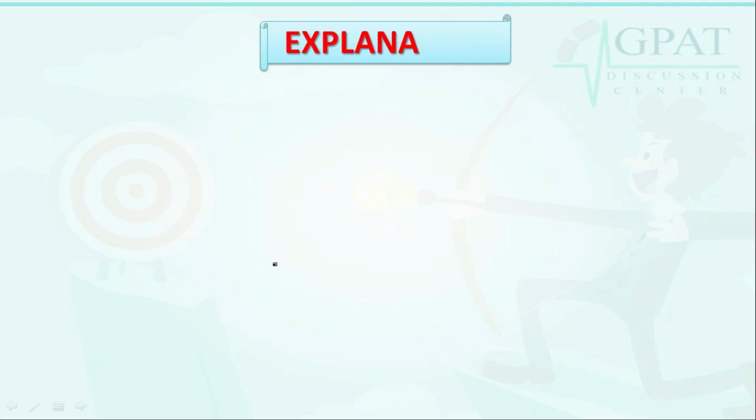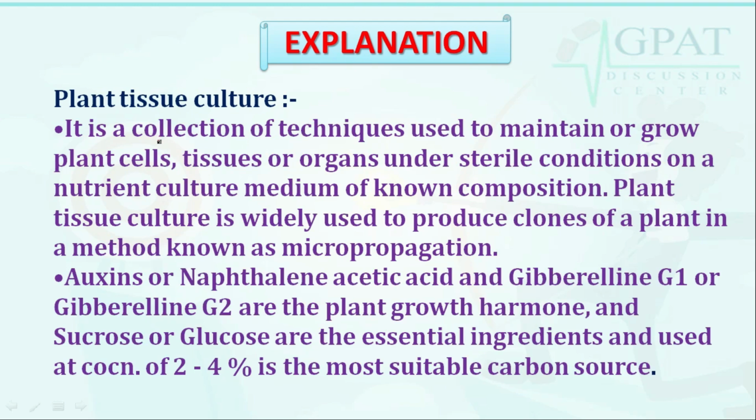Here is the explanation of this question. Plant tissue culture is a collection of techniques used to maintain and grow plant cells, tissues and organs under sterile conditions on a nutrient culture medium of known composition.